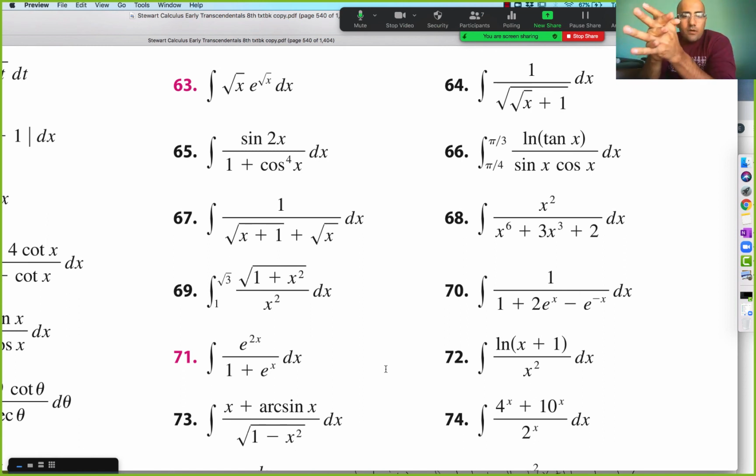Why don't we start off by letting u equal to e to the x.